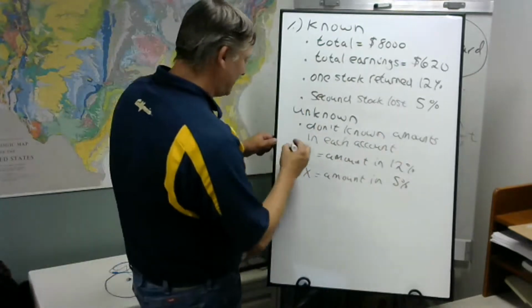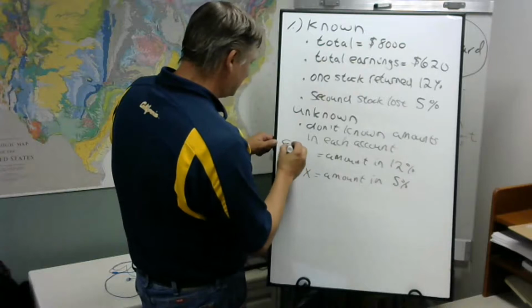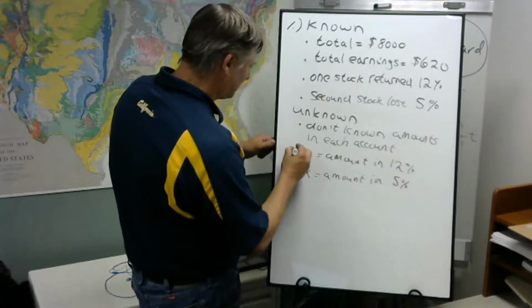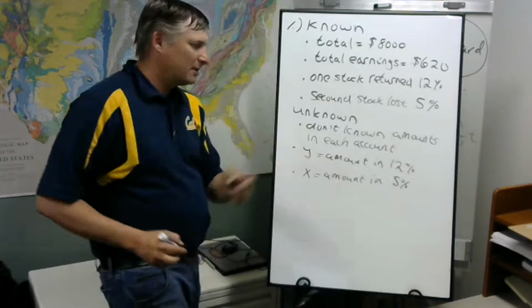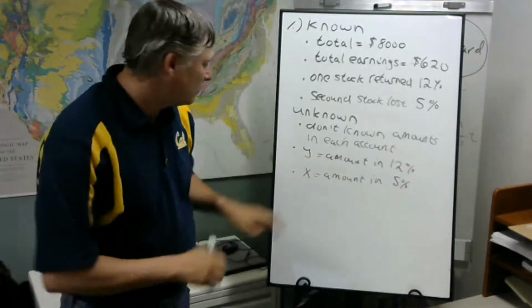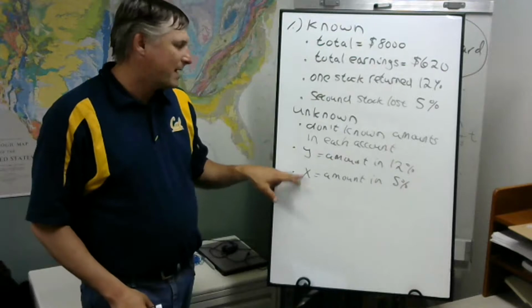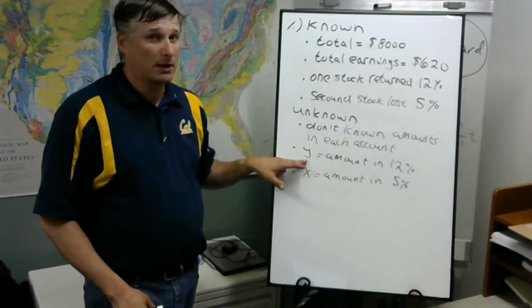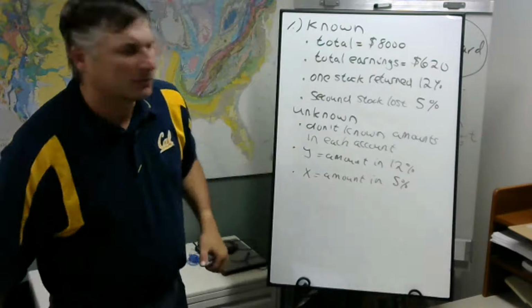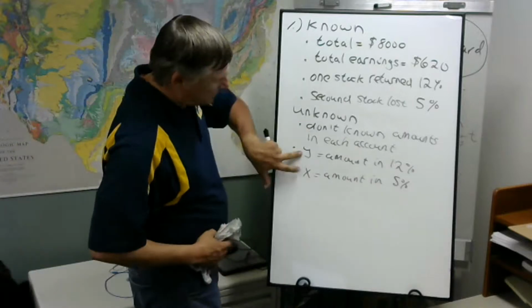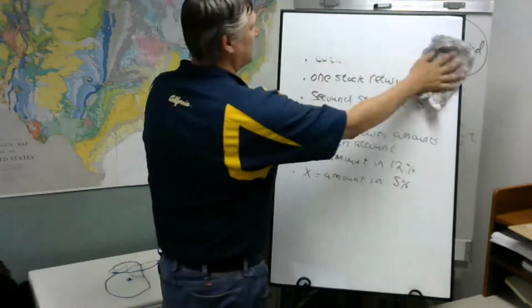We actually know something about the amount in the 12%. If we call this X, and we'll clean this up in step 2, we would automatically know how much was in Y. Let's go to step 2. So let's say these are our two unknowns. We have two unknowns.